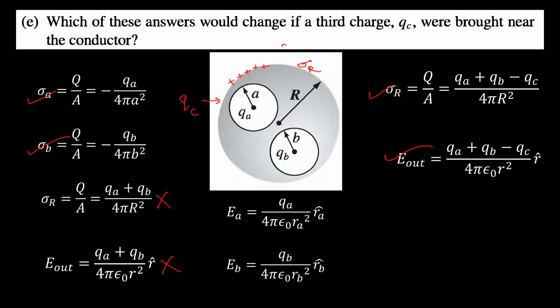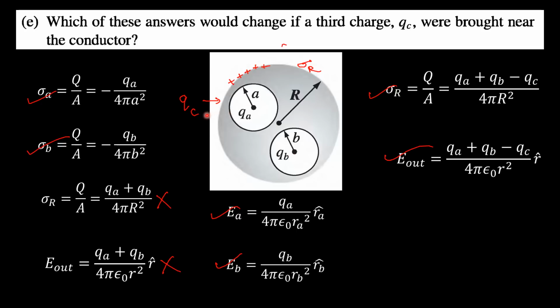And what about part c? We have seen the electric field due to cavity a, Ea. This will not be affected, and Eb similarly will not be affected. Then what about part d, the force at the cavity? Surely the force at the cavity will not be affected by Qc.